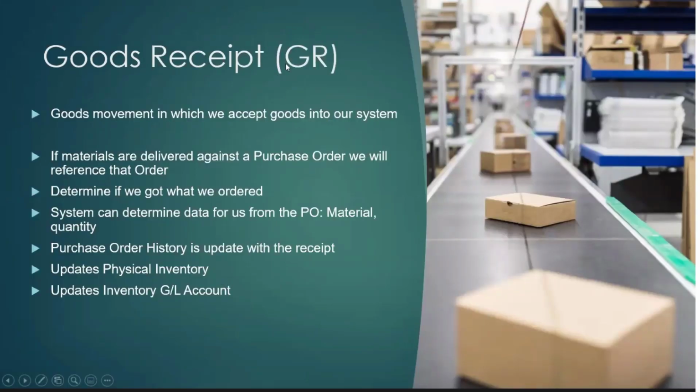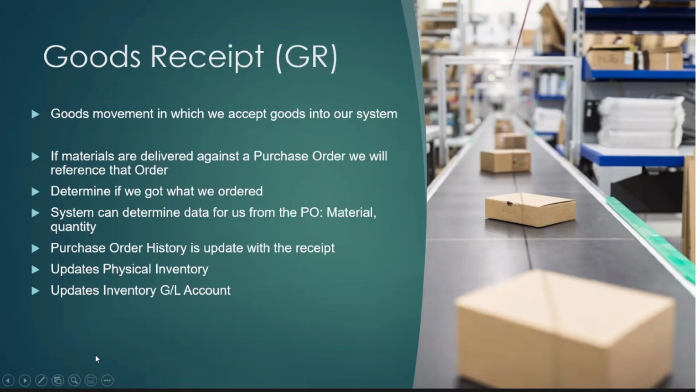The initial of goods receipt is GR. It is a goods movement in which we accept the goods in your system. This means you accept the goods in your system from the vendor. If a material is delivered against a purchase order, you will refer to it.